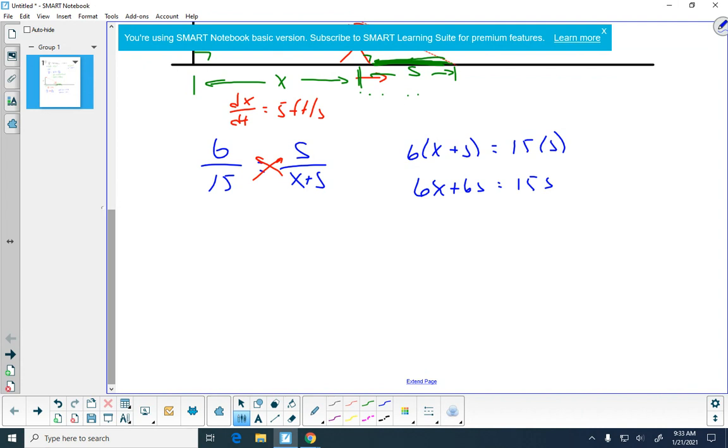Now subtracting your 6s from both sides, we're left with 6x is equal to 9s.